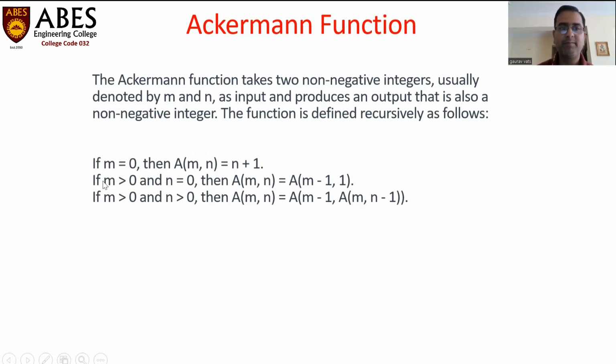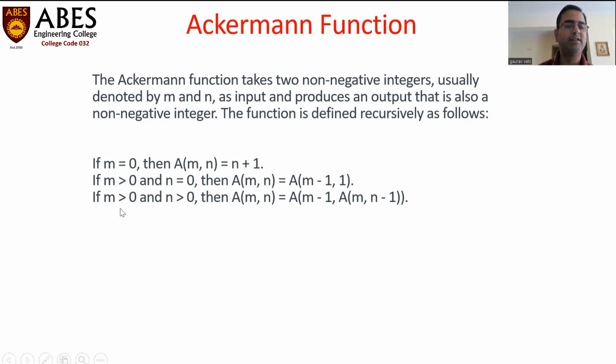In a similar manner, in the second condition, if the value of m is greater than 0 but the value of n is 0, then A(m, n) will provide A(m minus 1, 1). That means again a function. That's why I was saying it is a recursive function.